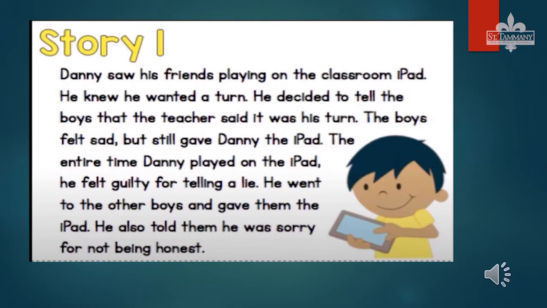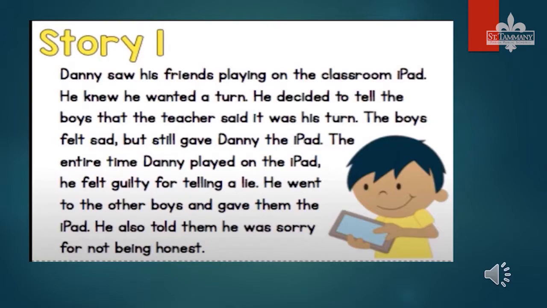What is the central message in this story? There are a few key details that help us understand what the central message is. Let's look at them. In the story, it said that Danny felt guilty for telling a lie. He also told them that he was sorry for not being honest.